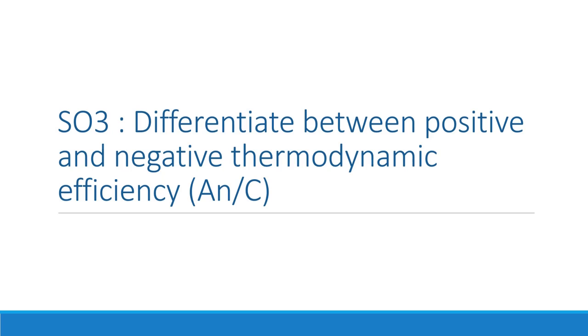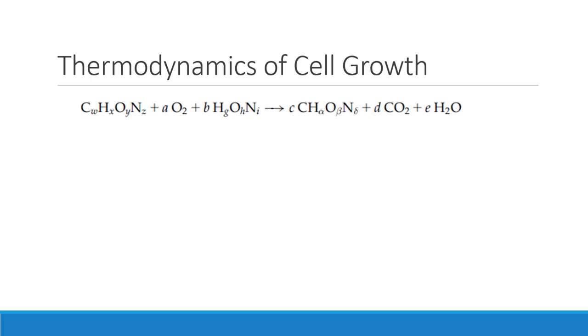We are going to discuss in detail the differences between positive and negative thermodynamic efficiency. Biochemical reactions do not occur in isolation but are linked in a complex array of metabolic transformations.